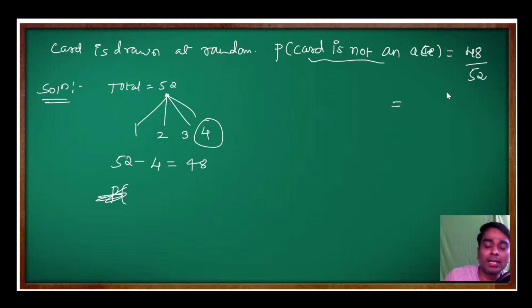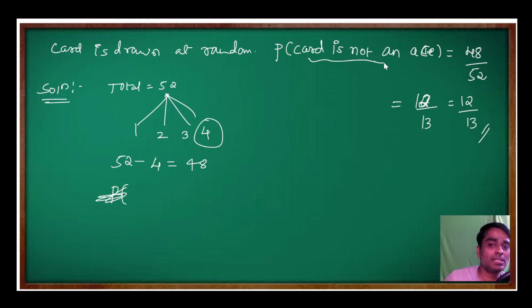Which you can directly cancel: 4 12s are 48, 4 13s are 52.